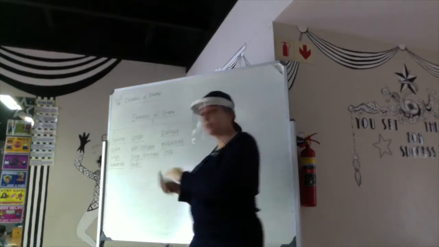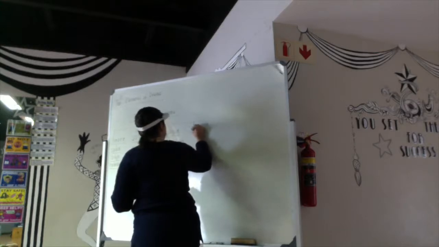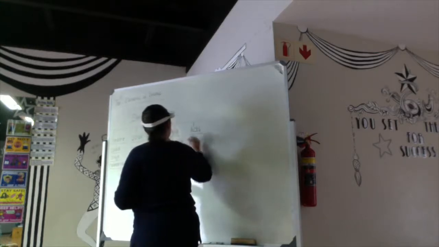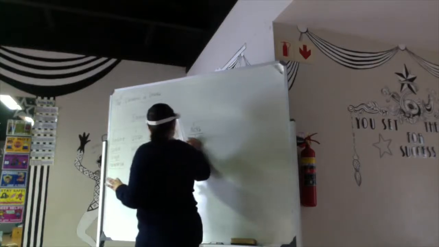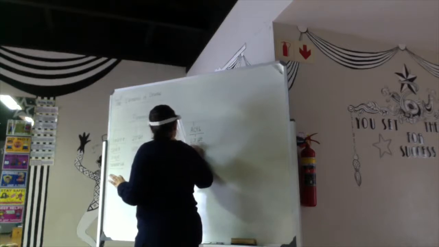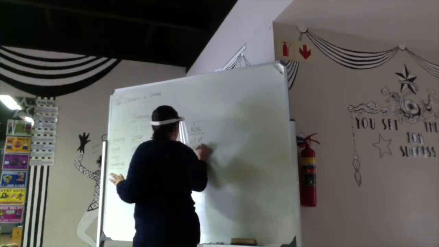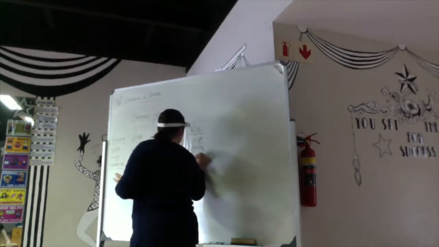You with me? So, our next element of drama is acts. Has nothing to do with the actors. Right? This is our script. It shows us our setting. And it's made up of scenes.